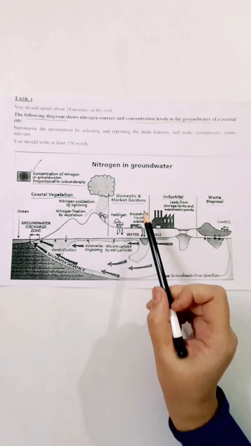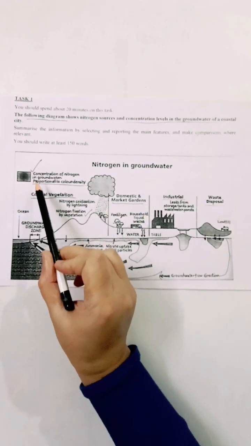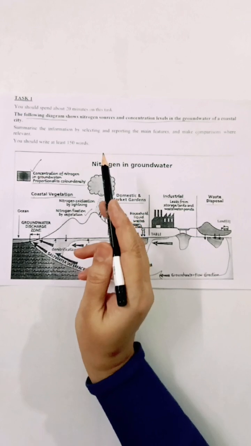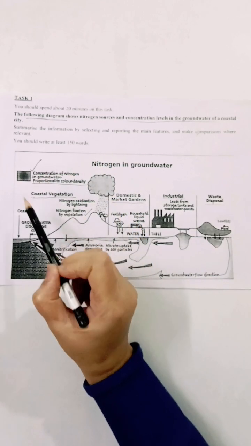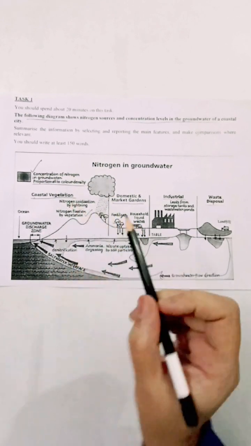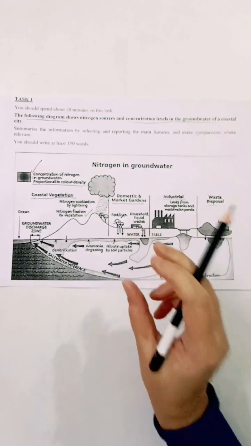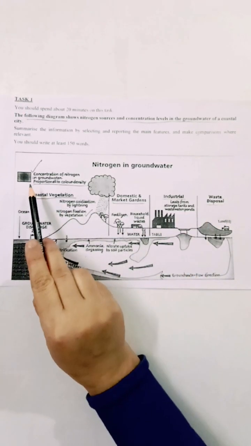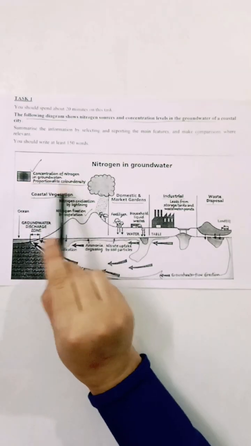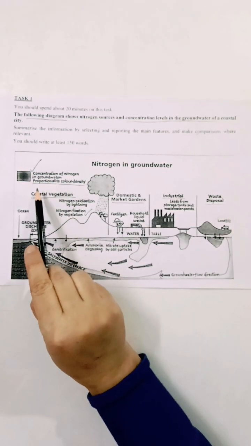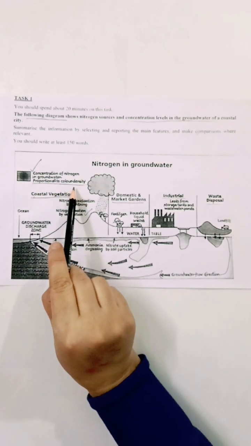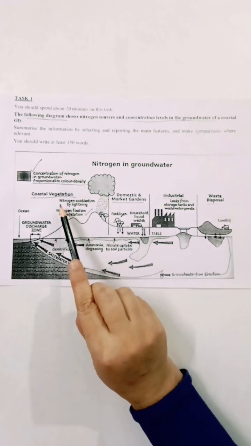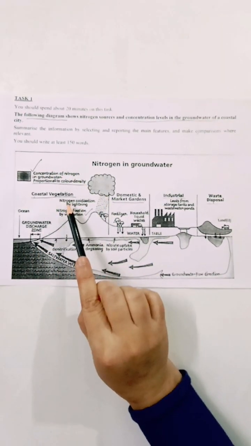The first thing is that you should mark with a pencil, with a light hand, the prominent features. When you look at the picture, what exactly do you notice in the first 5 seconds? First thing I have marked: concentration of nitrogen in groundwater is proportional to color density. The second section, coastal vegetation.